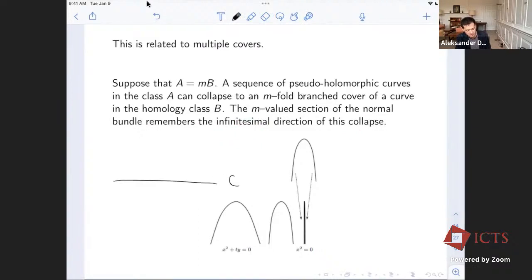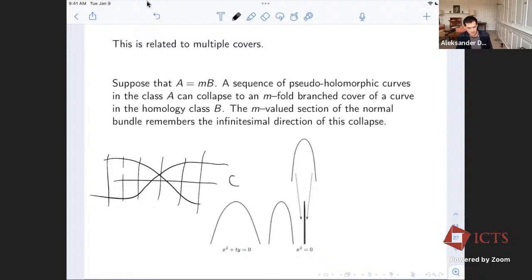and before the collapse, if you start rescaling, you will see something like an m-valued section of the normal bundle which satisfies a pseudo-holomorphic map equation.